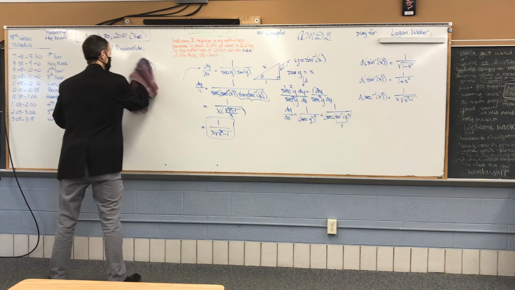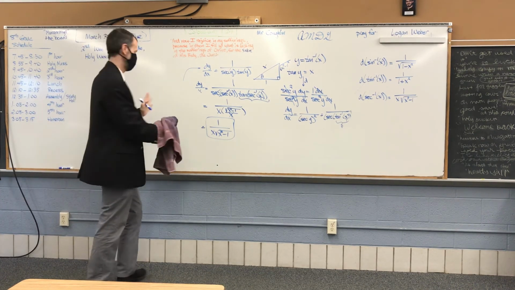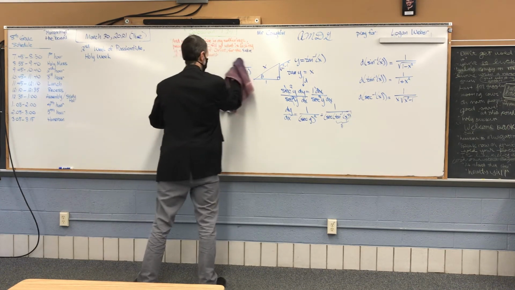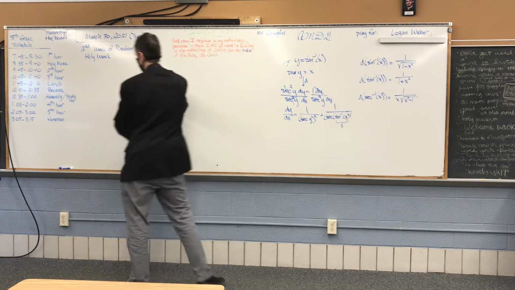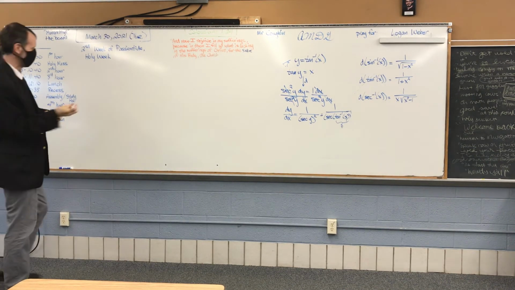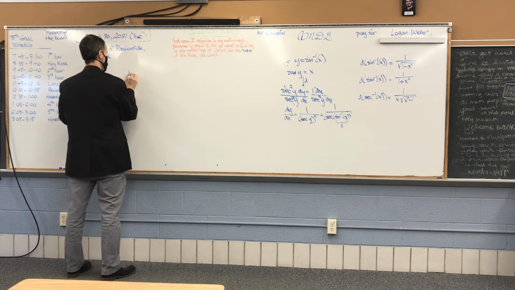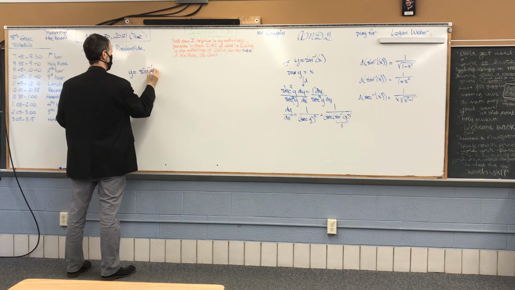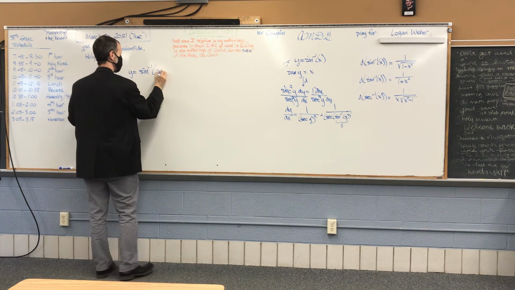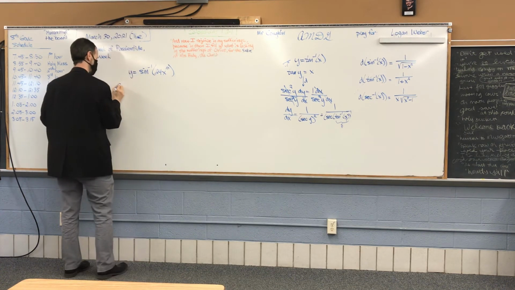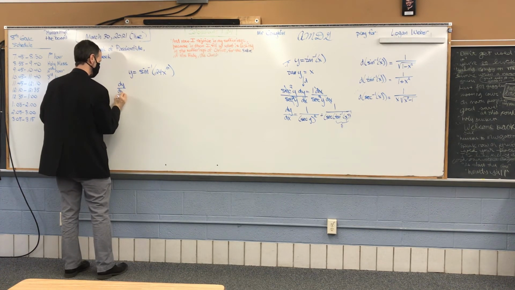I want to give you one last problem. The chain rule is still working. So what if I did something kind of heinous like this? y equals the inverse sine of 24x to the 10, and I want dy over dx.